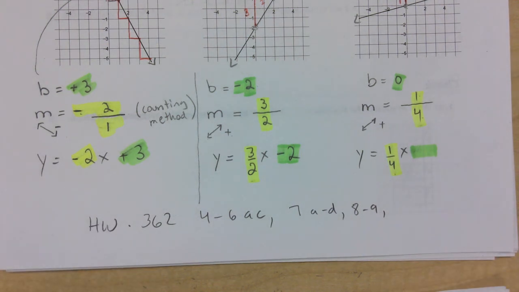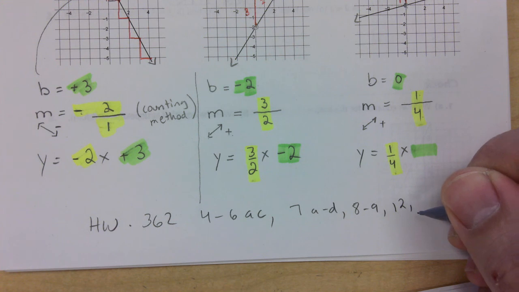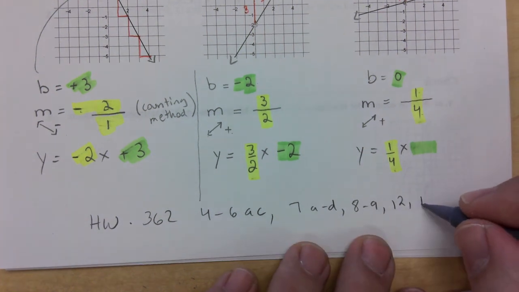Sure. 62, 8 to 9, 10, no, not 10. 12, 14, and 50.